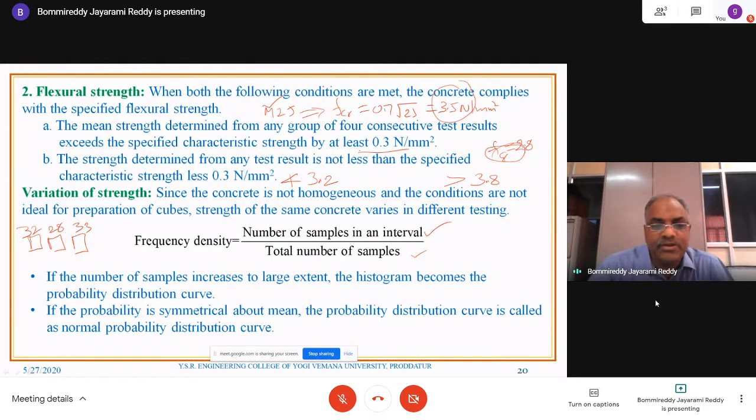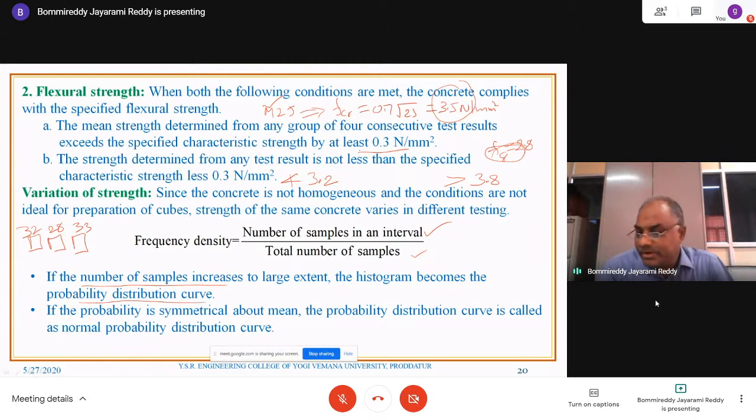All the three cubes may not give you the exact results. So that's why for getting the exact value, a large number of samples are to be tested for exact computation.